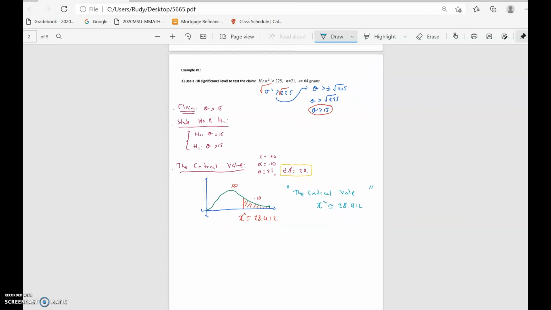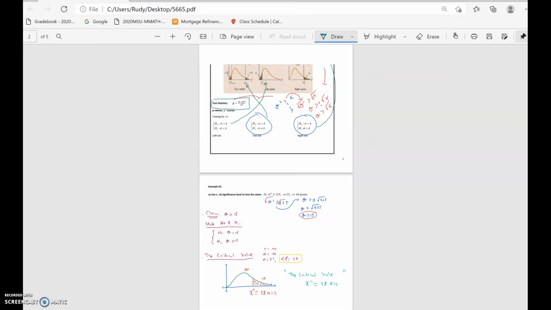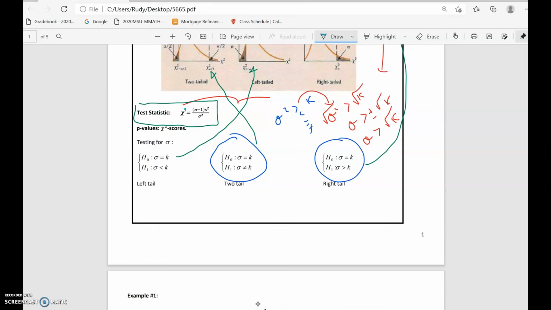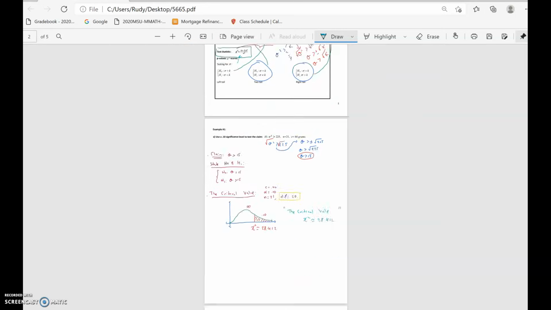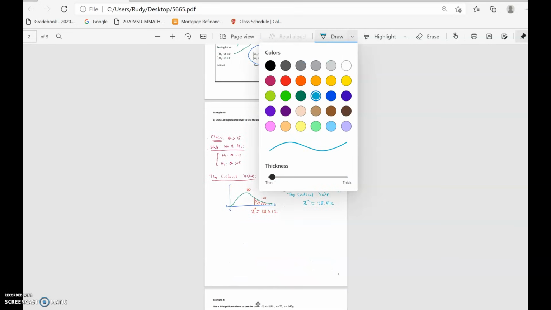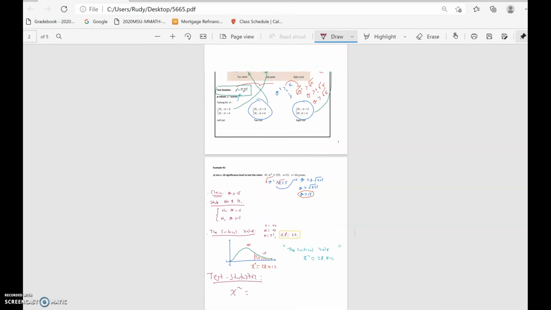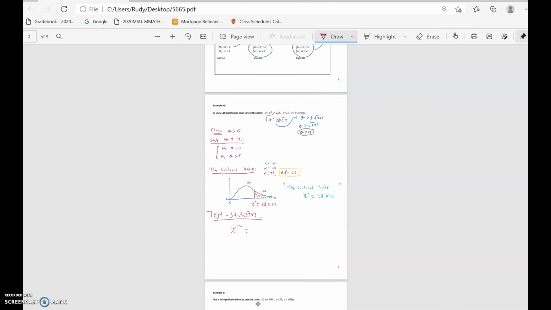Now, the next portion is for us to evaluate the test statistic. And this is going to be a chi-square value that has the following format. So let me rewrite it. Our test statistic is a chi-square value equal to n minus 1 times s squared over the variance.